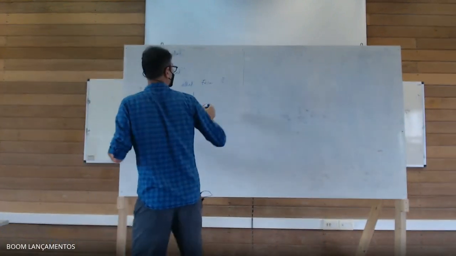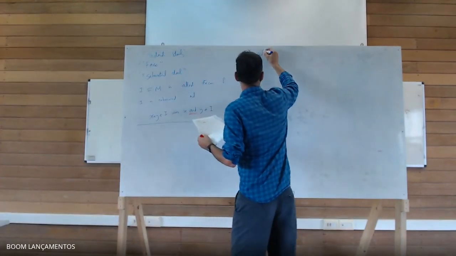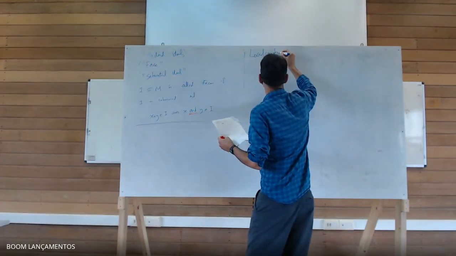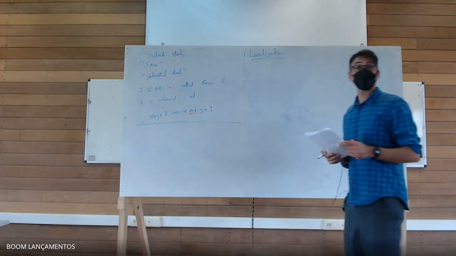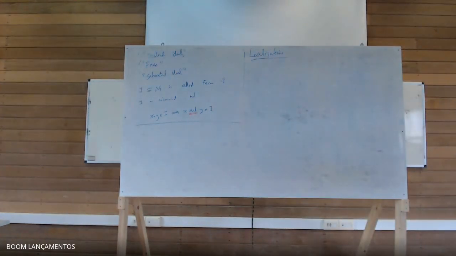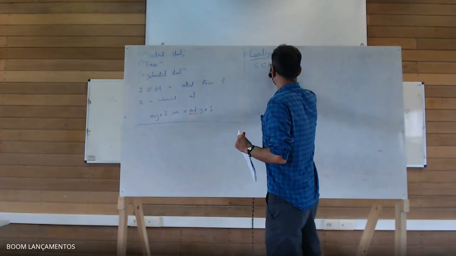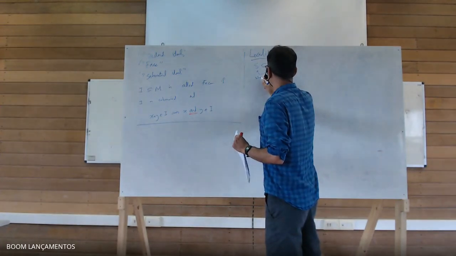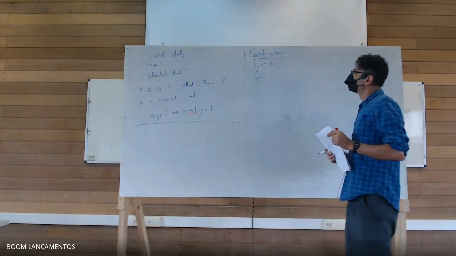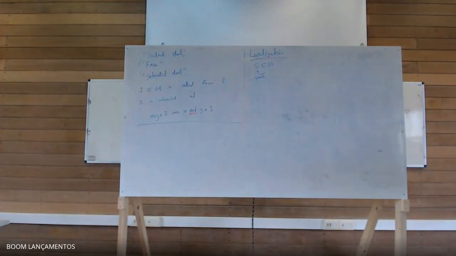So I'm going to talk about localization. And these are all parallels to ring theory. Very quickly, imagine S is a subset. When I was looking at the text, it said S is a subset, but I think it should be more than a subset, so I put that as an exercise.